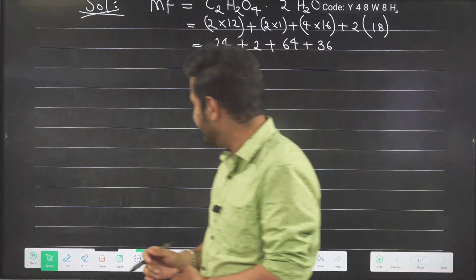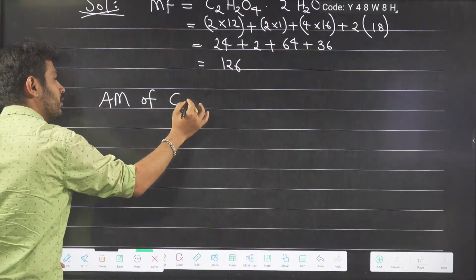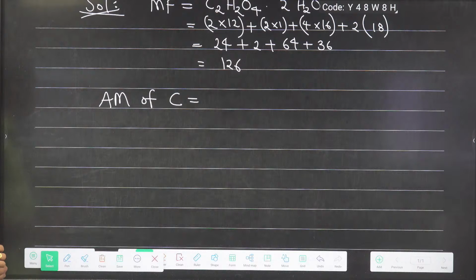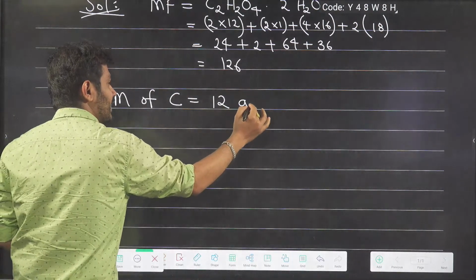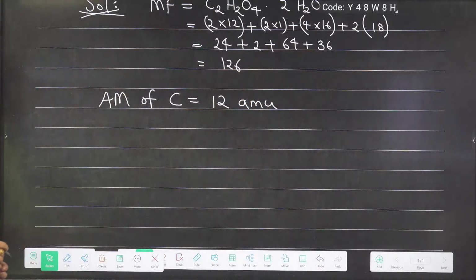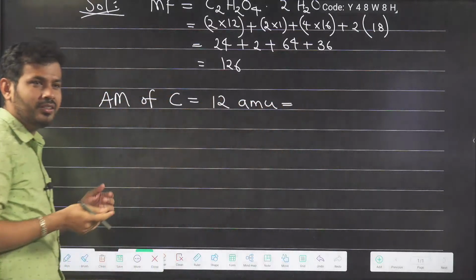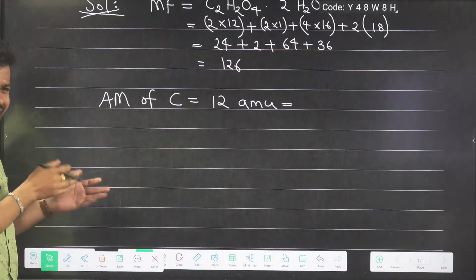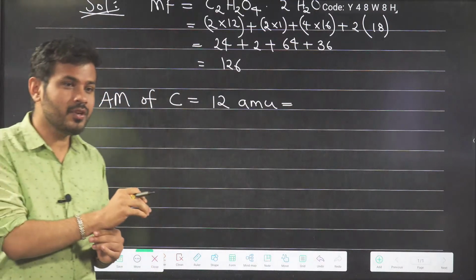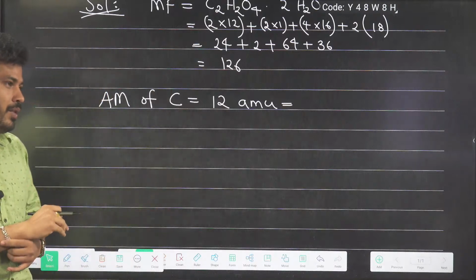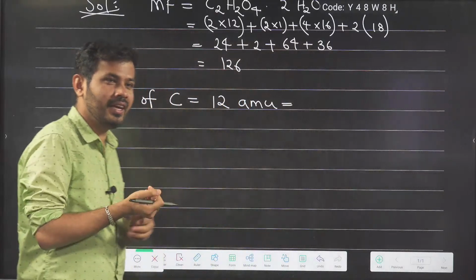I know that atomic mass of carbon is 12. The unit is AMU. If I talk about the same thing in terms of grams or kilograms, then our mind will think the weight is this much, like my weight is 70 kg.